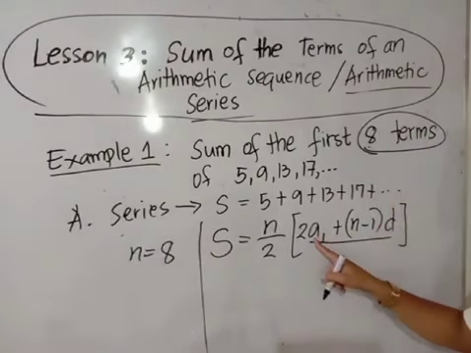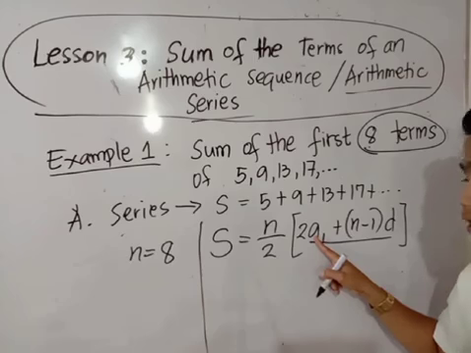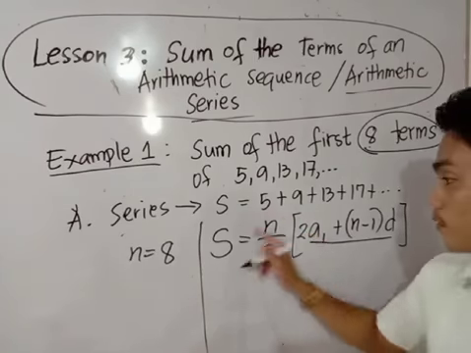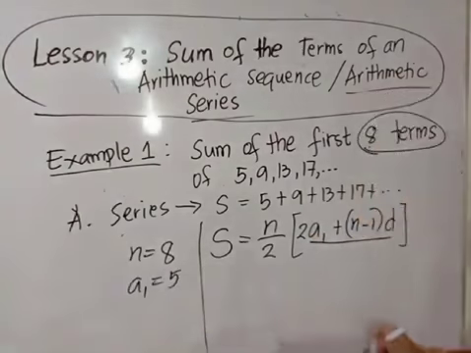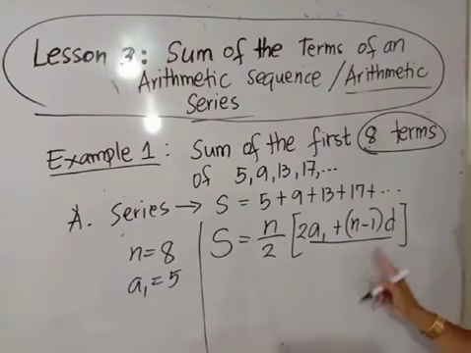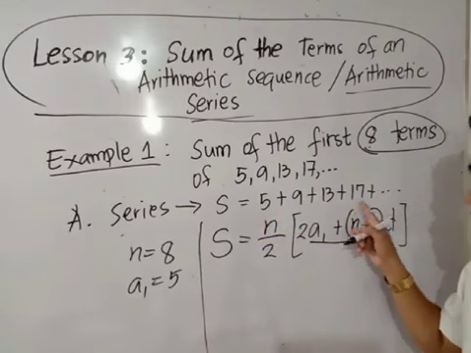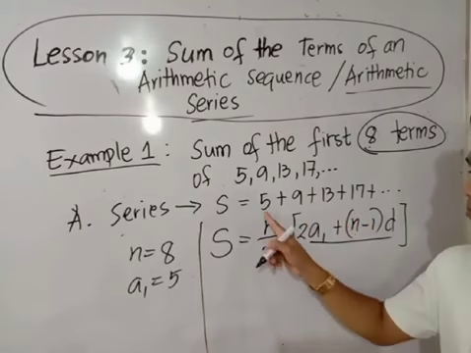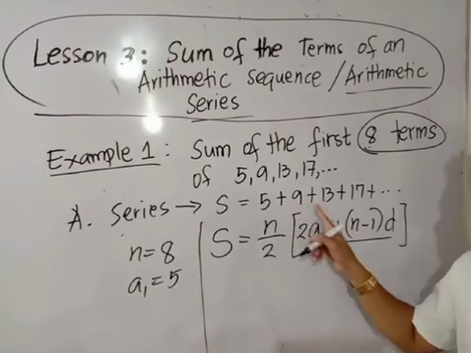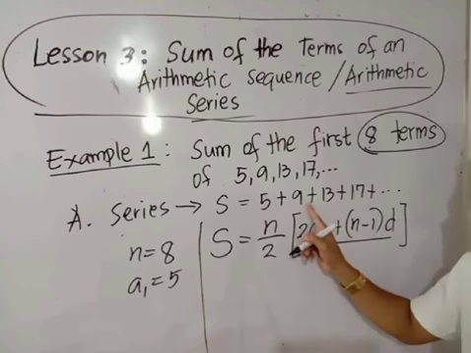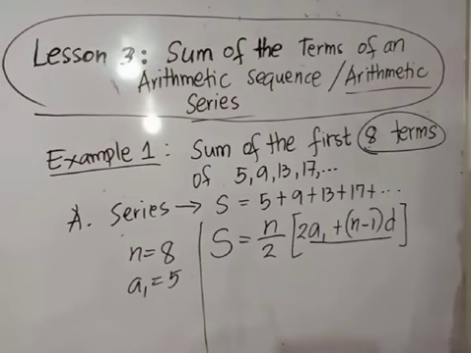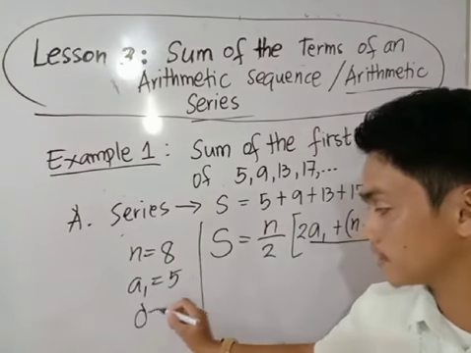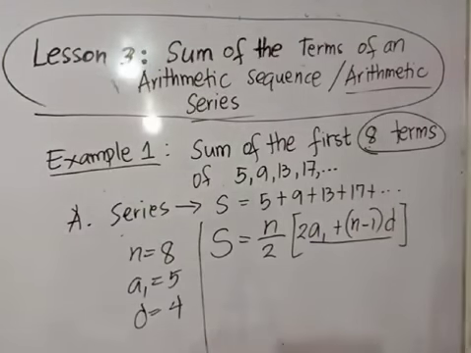The a sub 1 is 5. And the common difference: it increases by 4. 5 plus 4, 9, plus 4, 13, or 9 minus 5 is 4, 13 minus 9 is 4. So your common difference is 4.